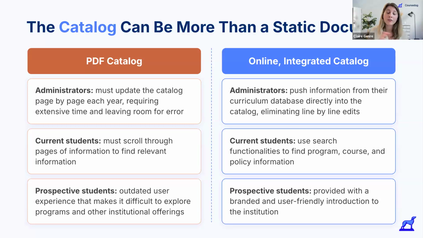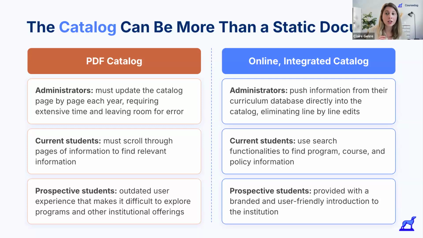That has included, and for a lot of institutions still includes, a really labor-intensive and error-prone process of going page by page each year to update both curriculum information as well as policies and potential branding changes manually. Now, managing a PDF isn't just frustrating for admins, but also for students and prospective students trying to navigate it.